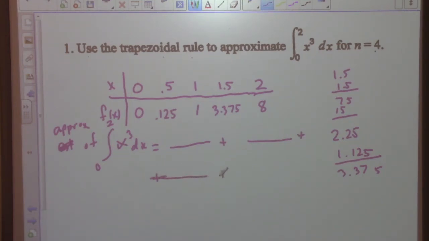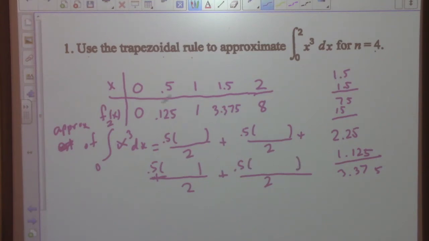Are there any units here at all? No, there aren't. So we know that we're going to divide by 2, and we know that the width of each interval is 0.5. So 0.5 times something, 0.5 times something, 0.5 times something, and 0.5 times something.